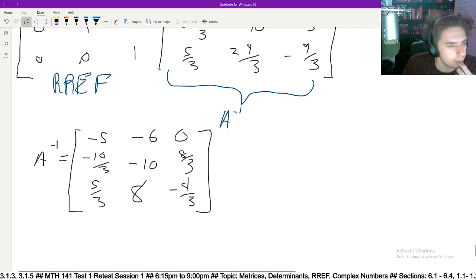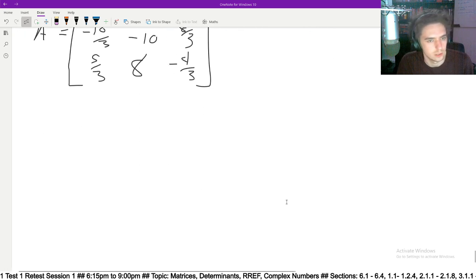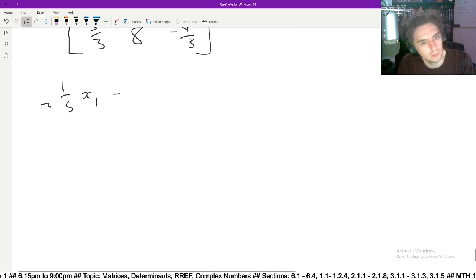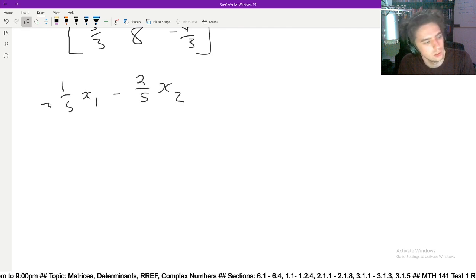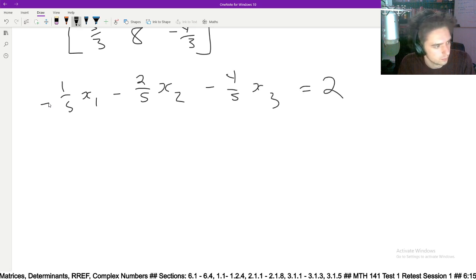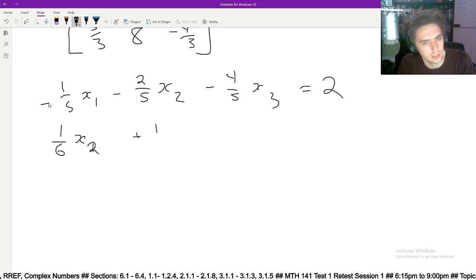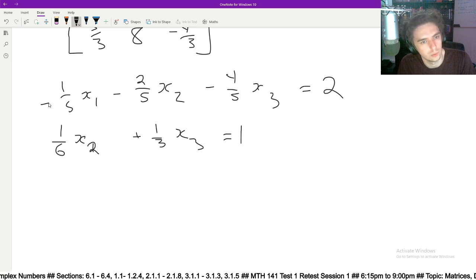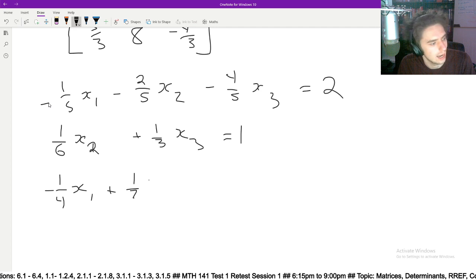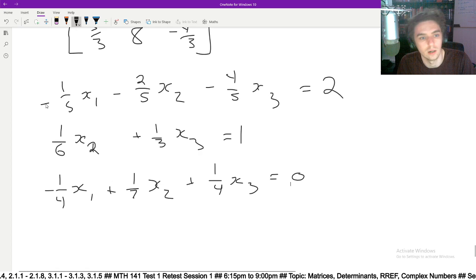So now the next part of the question is to use this to solve this system. So the system is negative 1/5 x1 minus 2/5 x2 minus 4/5 x3 equals 2. 1/6 x2 plus 1/3 x3 equals 1, and negative 1/4 x1 plus 1/2 x2 plus 1/4 x3 equals 0.